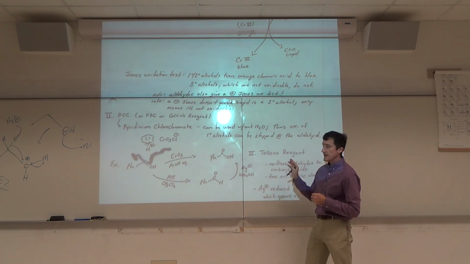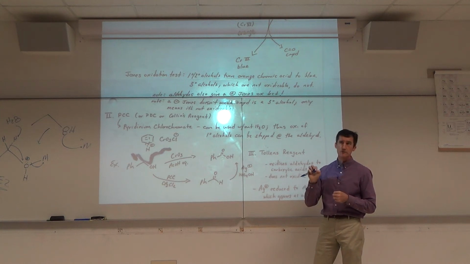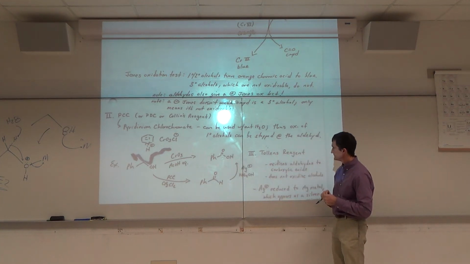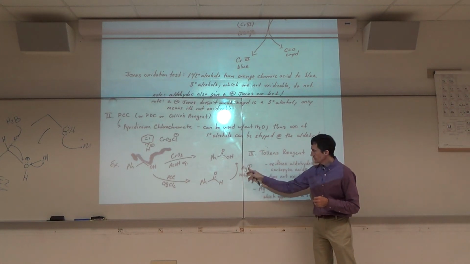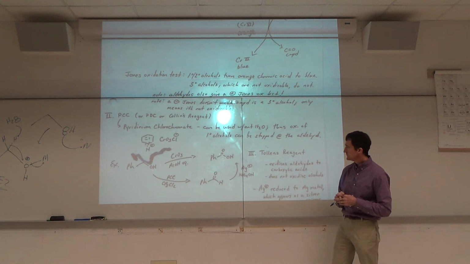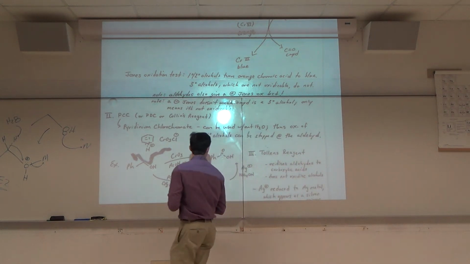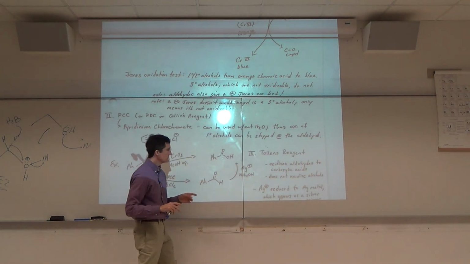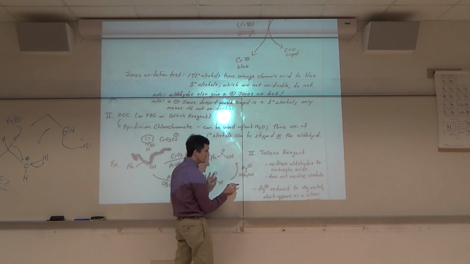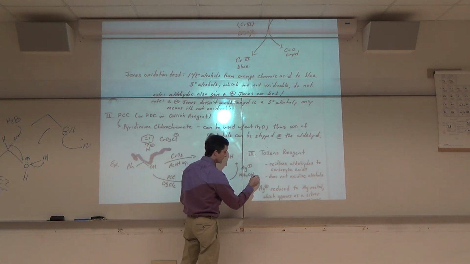Tollens reagent is a reagent that is only for oxidizing aldehydes to the carboxylic acid. And it involves silver ion. Ammonium hydroxide helps dissolve the silver ion. And of course there's water here.